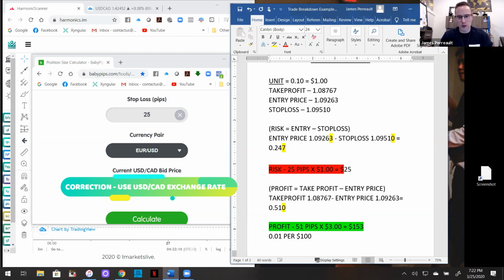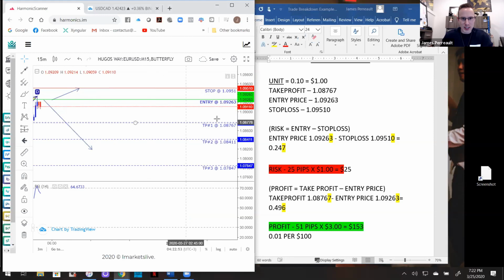I'll punch that in the calculator real quick. 1.08767 minus 1.09263, and we get 0.00496. Whoops, sorry. So again, guys, how do you know how many pips that is? Just drop that last number off, because that's a micro pip, a pipette, a 1/10 of a pip. So we're talking about 49 pips profit. If this trade comes down and hits TP1, we will get 49 pips out of that, okay?